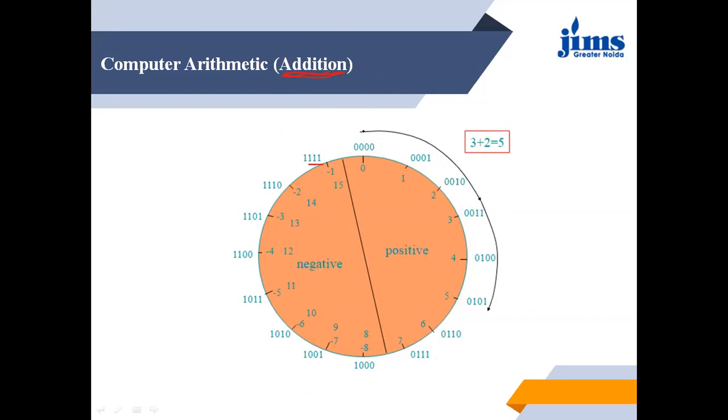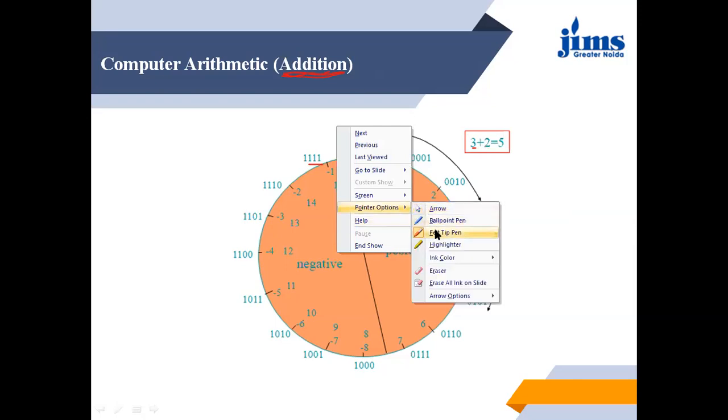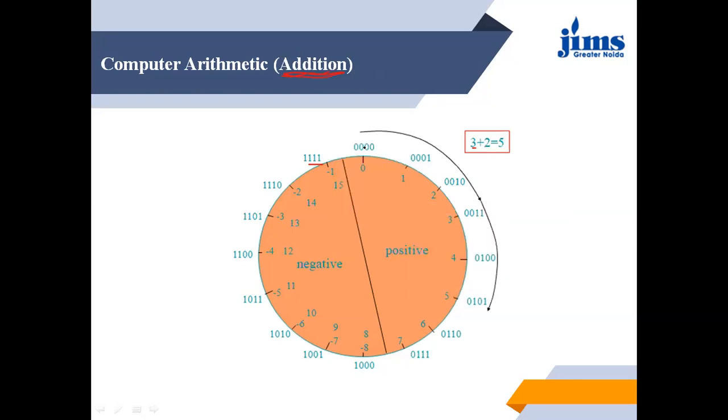So we have to add plus 3 to plus 2. We have to start from here. So this is 0 0 0. We have to count 3 in the positive direction. So this is 1, this is 2, and this is 3. So this is plus 3.